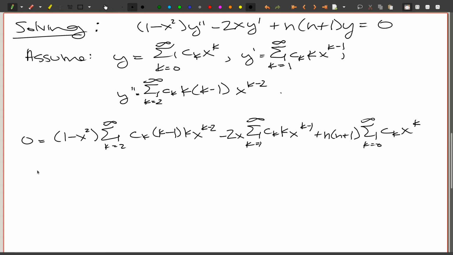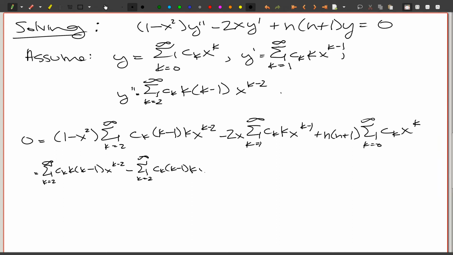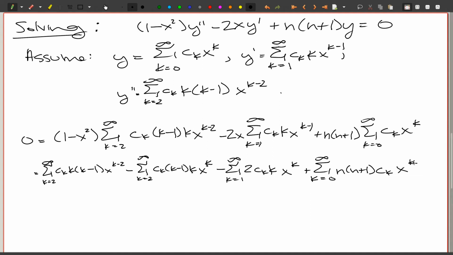So this will give us, let's see, 1 times the sum, k equals 2 to infinity c sub k times k minus 1 times k, x to the k minus 2, minus the sum from k equals 2 to infinity c sub k times k minus 1 times k, x to the k, since x squared times x to the k minus 2 is just x to the power k, minus the sum from k equals 1 to infinity of 2 times c sub k times k times x to the k, since x to the k minus 1 times x is just x to the k again, plus the sum from k equals 0 to infinity of n times n plus 1 times c sub k x to the power k.